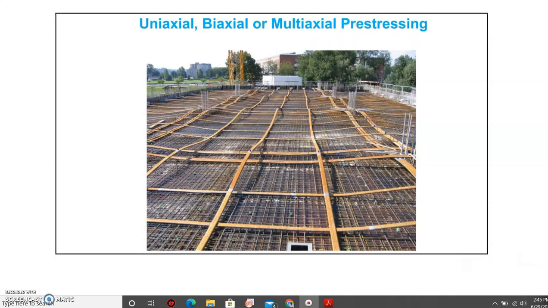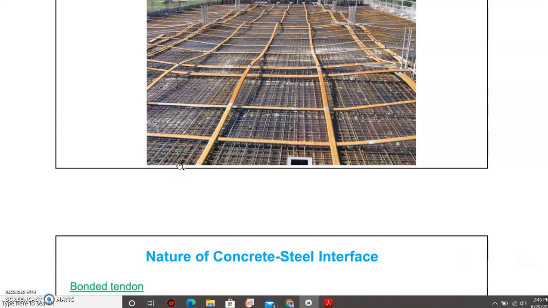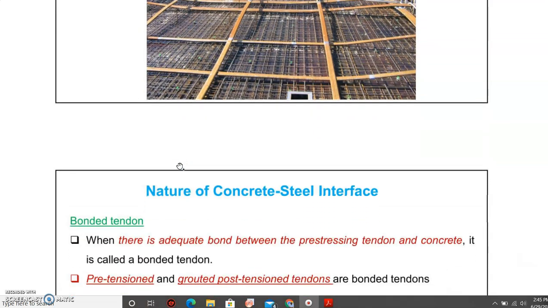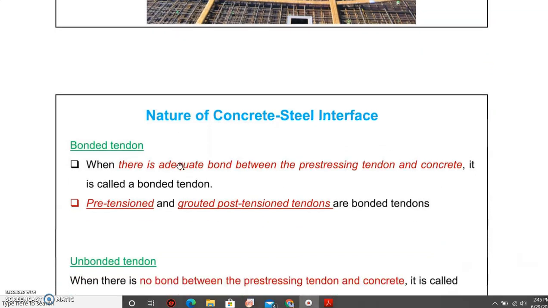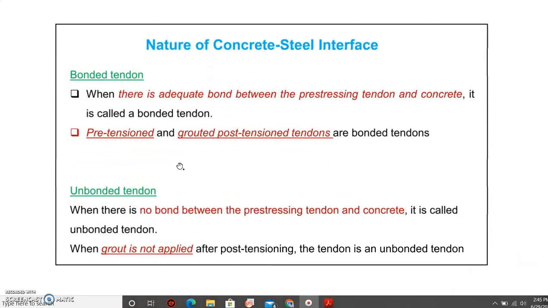Okay, the next slide, nature of concrete steel interface. What is the nature existing between the concrete and steel interface? So based on this there are two types of tendon. One is bonded tendon and the other is unbonded tendon. As we discussed in the previous slides, bonded tendon means there is an adequate bond between concrete and tendon.